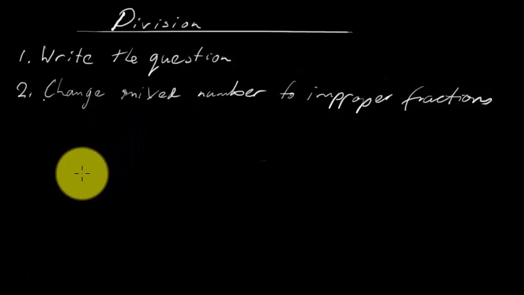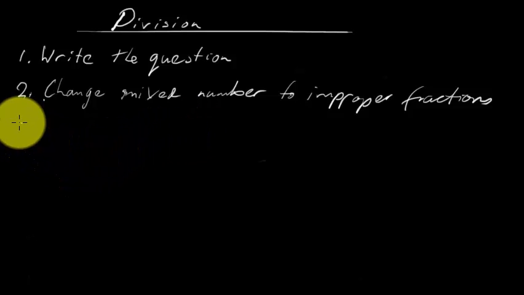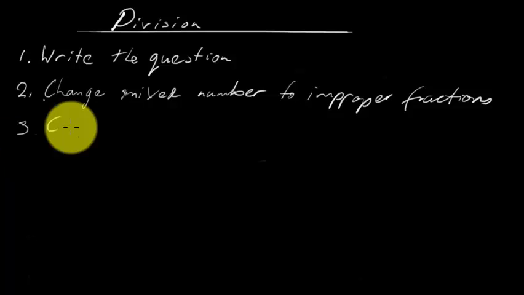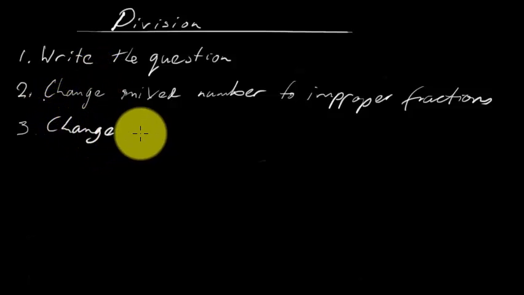Okay, third step is different to multiplication and is a bit tricky, so listen carefully. So what we do with our two fractions, when we're dividing the first one by the second one, we change the division symbol to a multiplication symbol.